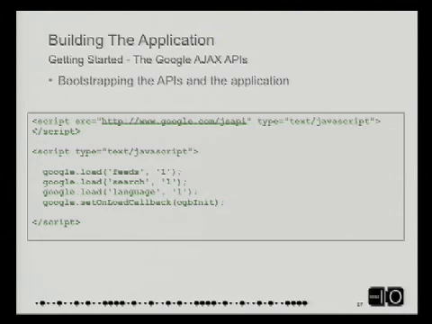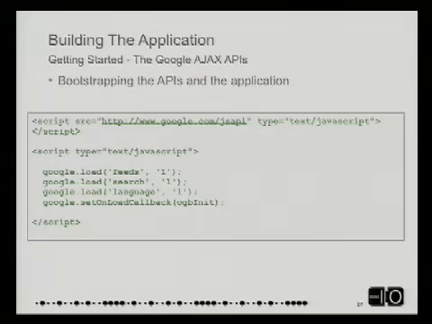We do some pretty sophisticated stuff in the background, and if you were at some of the other talks, hopefully you know now that we've actually added some of the most common frameworks to the common loader. So Dojo and jQuery and Scriptaculous and Prototype and MooTools, and there might be a couple others, can now be loaded the same way that we're loading feeds, search, and language here.